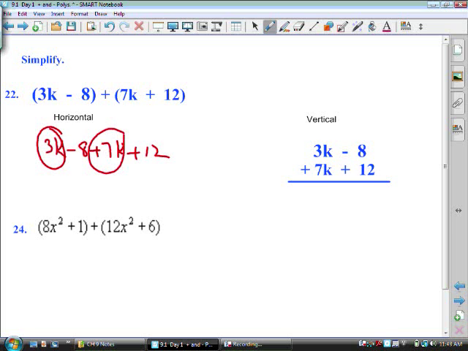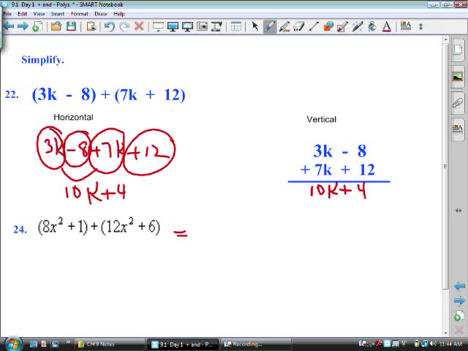Always look to the left of the expression to see what to do. And you've got 10k, then negative 8 plus 12 is a positive 4. 10k plus 4. Over here, writing it this way, vertically, it's 3k and 7k, 10k. Negative 8 plus 12 is a positive 4. Same old answer.